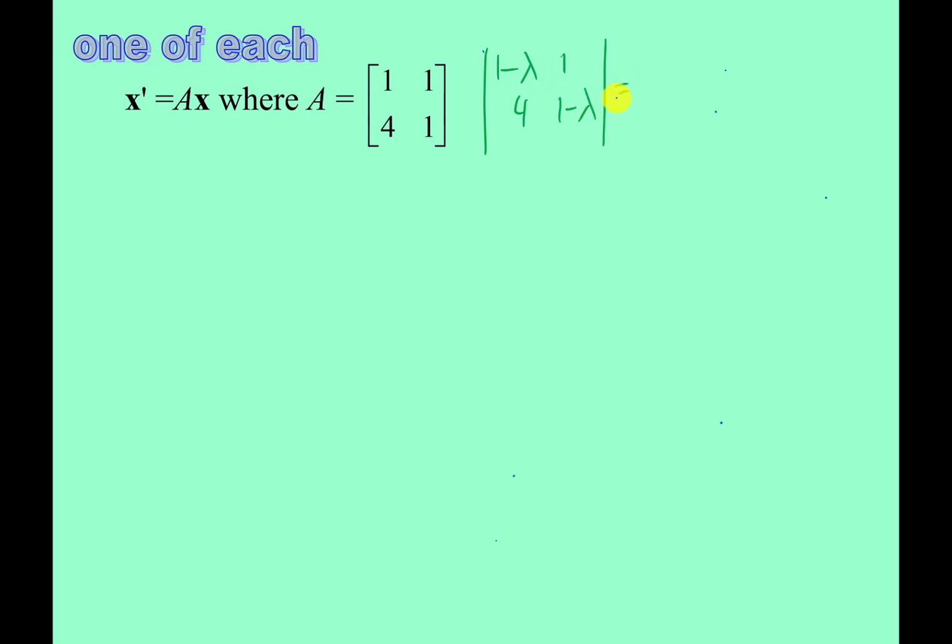And then if we multiply, that's going to be lambda squared minus 1 lambda, another minus 1, which is minus 2 lambda, and then 1 minus 4, which is minus 3. So if we factor that, that will be lambda minus 3 times lambda plus 1. So one of our eigenvalues is 3, and the other one is negative 1.